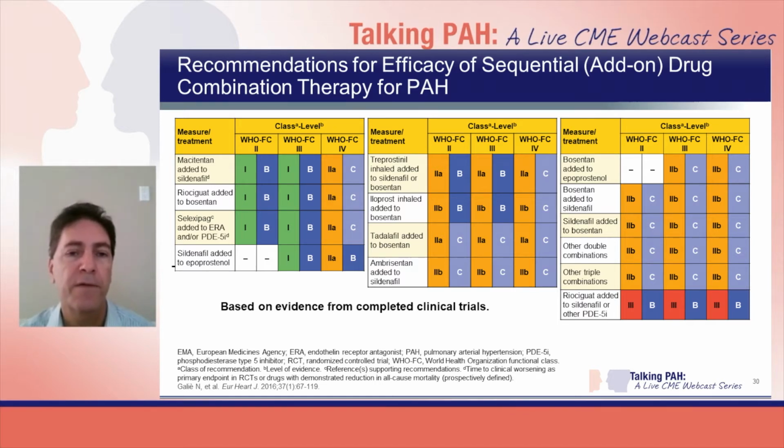You see nothing here for functional class 1 because there really is little evidence in clinical trials for what to do with newly diagnosed functional class 1 patients. Nevertheless, these are just determined essentially by the strength and the weight and the level of evidence. If you have only 1 trial, you get a level of evidence B. If you have multiple trials, you get a level of evidence A. And if you don't have any randomized clinical trials, you get a level C, which is expert consensus as determined by the committee writing the guidelines.